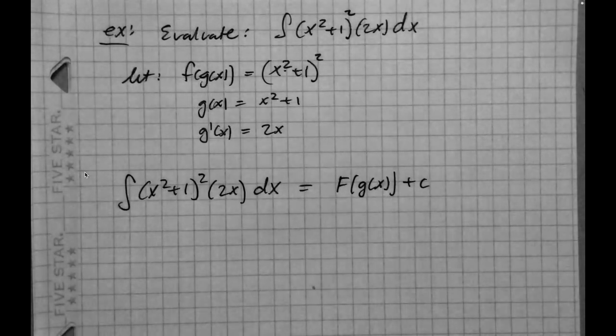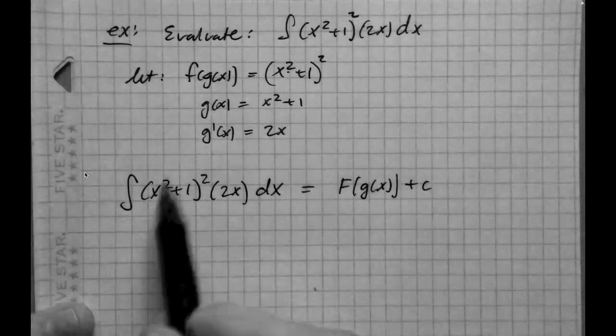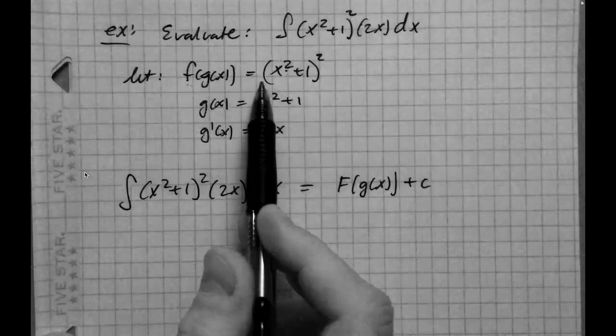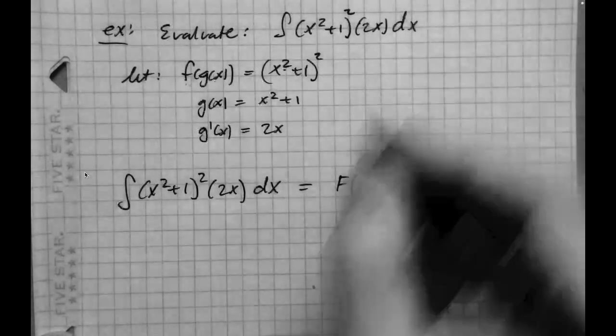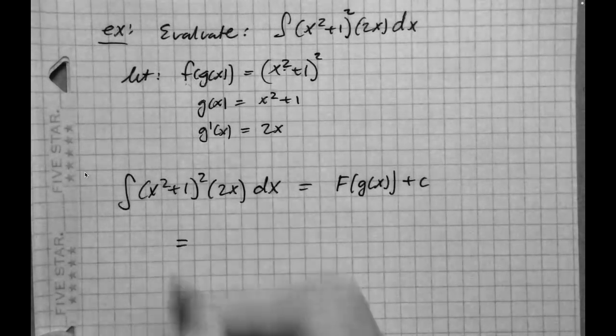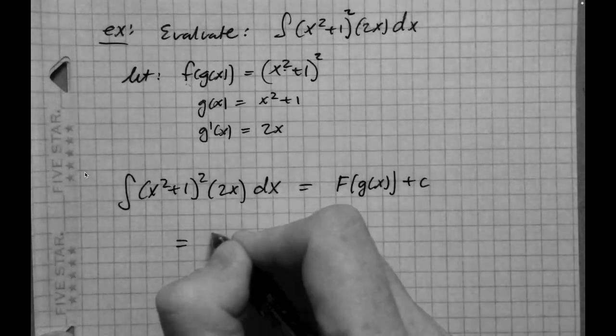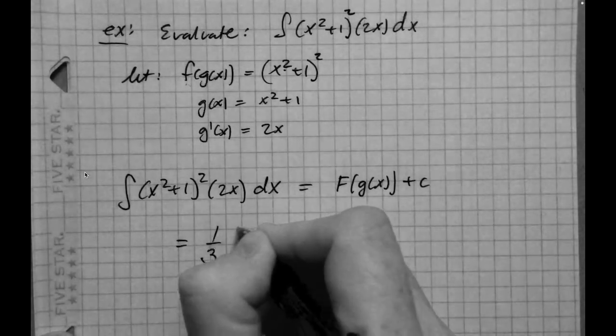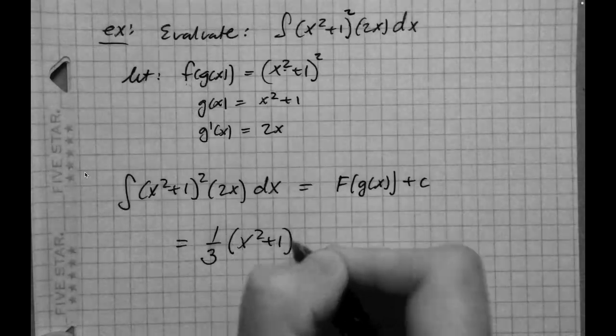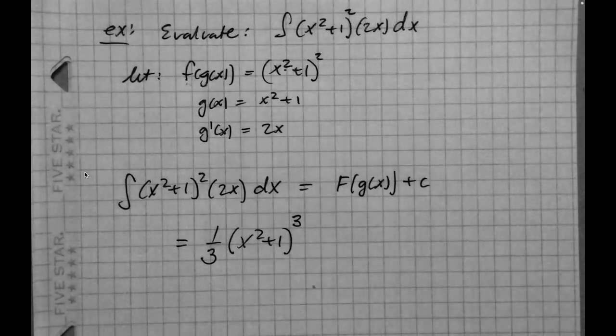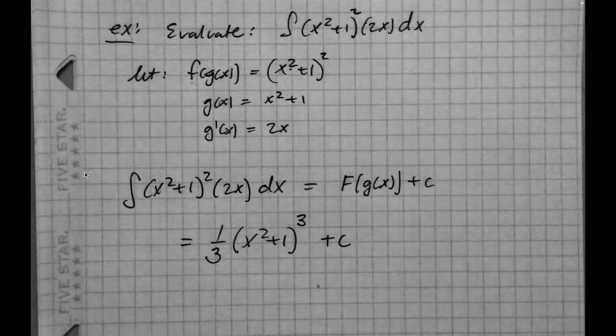So what is our f of g of x? Well, that's just going to be the antiderivative of the f function, right? And so in this case, it would be equal to 1/3 x squared plus 1 to the 3rd power plus c.